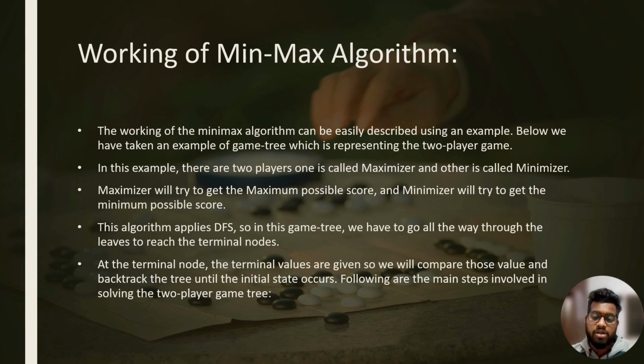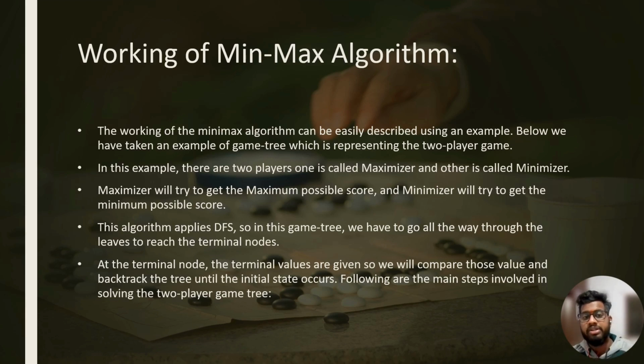So let us look into how the min-max algorithm actually works. The working of the min-max algorithm can be easily described using an example. Below, we'll be taking an example of a game tree, which is representing the two-player game. In this example, there are two players. One is called the maximizer and the other is called the minimizer.